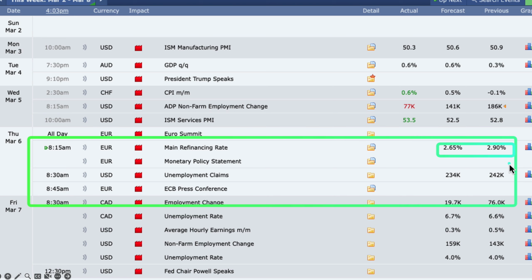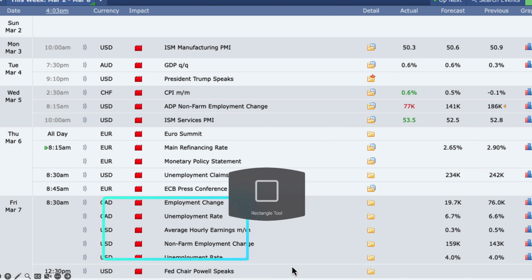I'll show you the charts, but I think we want to leave the Euro alone for a little bit until we see some sort of stability in those yields, because that's driving the movement in the Euro here.